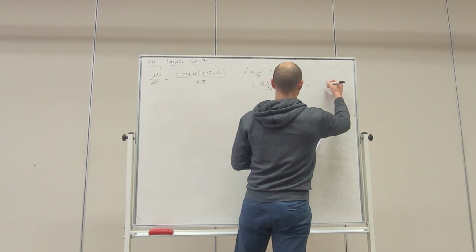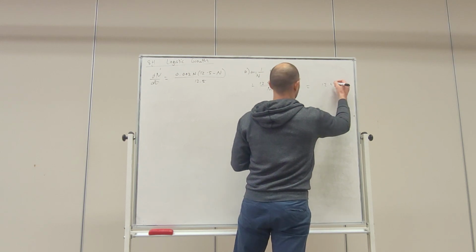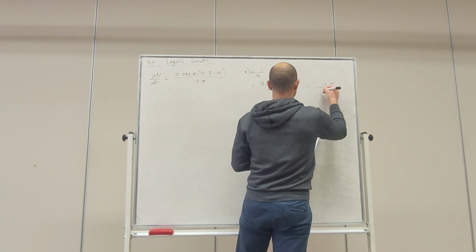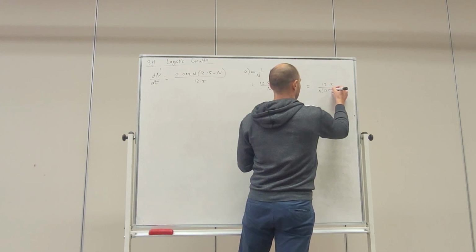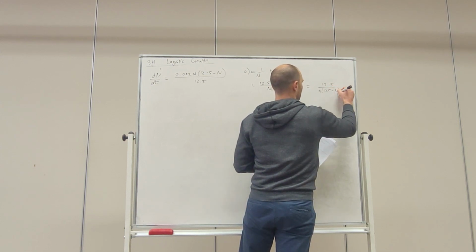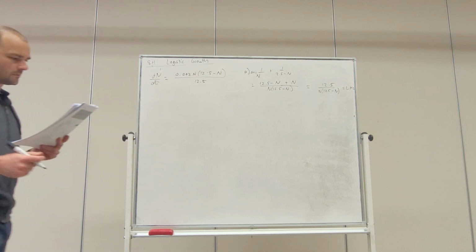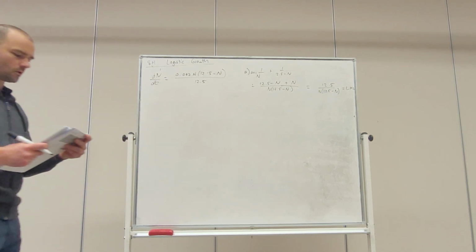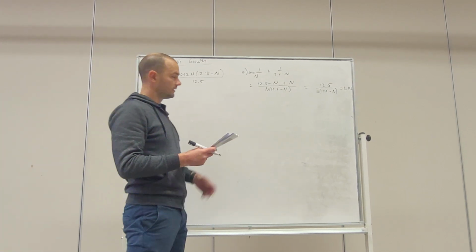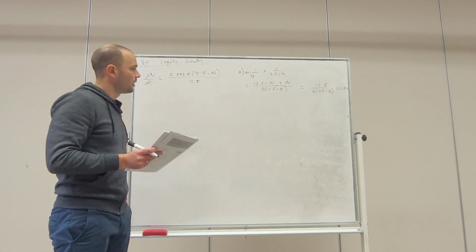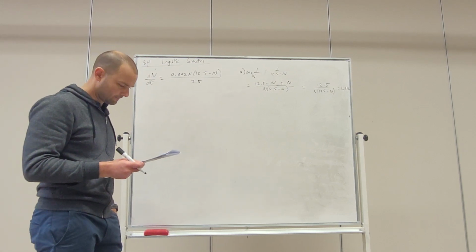Equals 12.5 on top of N times (12.5 − N). We're familiar with those, we've been doing those a fair bit. Start with where you can cross multiply and then bring them together over the same denominator and simplify.